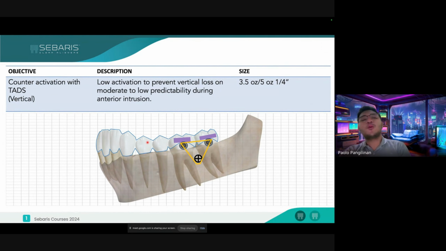Another thought process is with the use of your elastics. Let's say your plan is to intrude your anteriors without your posteriors extruding. Once your aligners are pushing down because of the intrusion, it has a known side effect of extruding the posterior end of your aligners. So the purpose of your TAD and your buttons attached to this elastic, 3 to 5 ounce, 1/4 inch, is to offer a counteracting force.